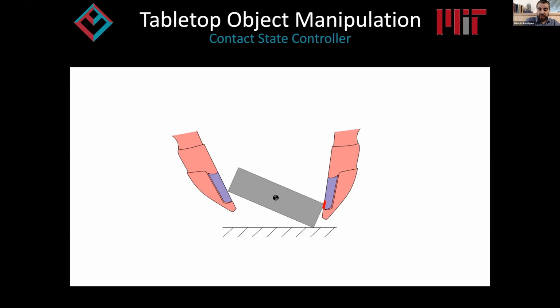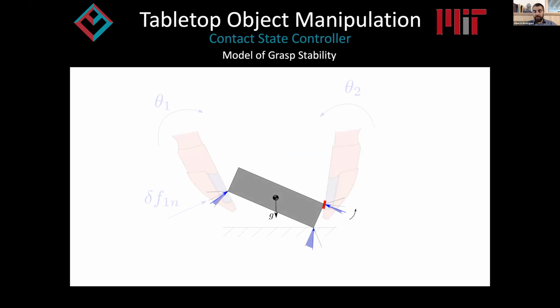Let's say that if there's a contact on the right-hand side where one of the palms is sliding, there's a slip behavior. We can model the stability of this grasp by making an estimate of the friction cones of each one of the contacts, and then an estimate of where the actual contact forces are and how far they are from the edges of these friction cones.